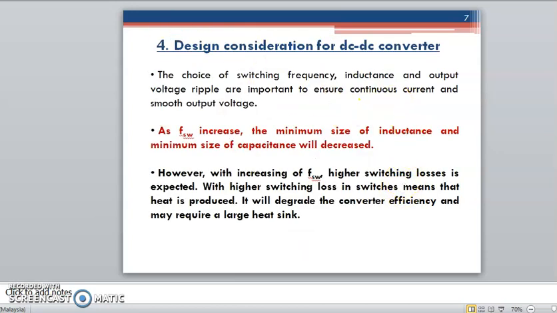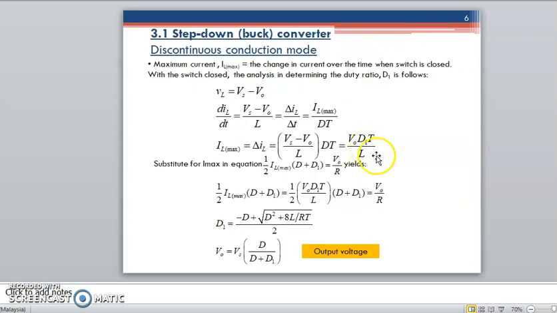Okay, design considerations for the DC-DC converter. As I told you before, the parameters that can be changed are the switching frequency, the inductance value, and the capacitor value, such that the output voltage ripple can be set at minimum ripple. So the output voltage and the output current should be continuous and at minimum ripple. It should be smooth in terms of output voltage and current. When we increase frequency, we can reduce the inductance value and also the capacitor value.